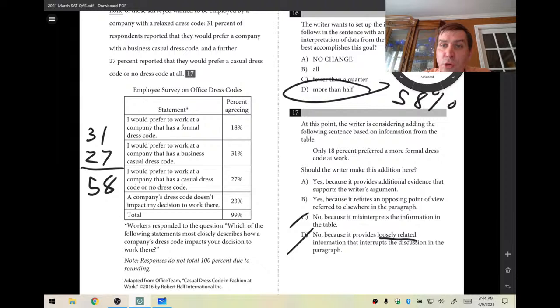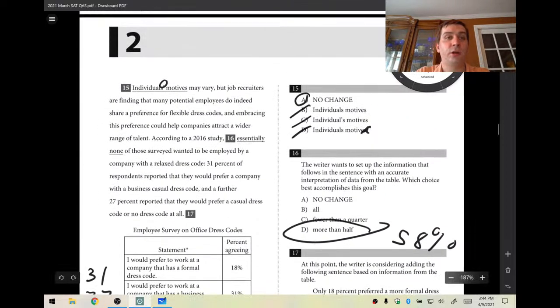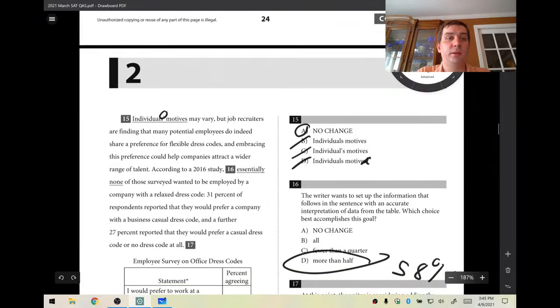Okay, so does it refute the opposing point of view referred to elsewhere in the paragraph? No. I don't even know what opposing point of view, I guess, about dress codes, but that doesn't make any sense. It just should be here because it provides additional evidence that supports the writer's argument. So if only 18% prefer an environment with a more formal dress code, perhaps the author's argument has merit, right?